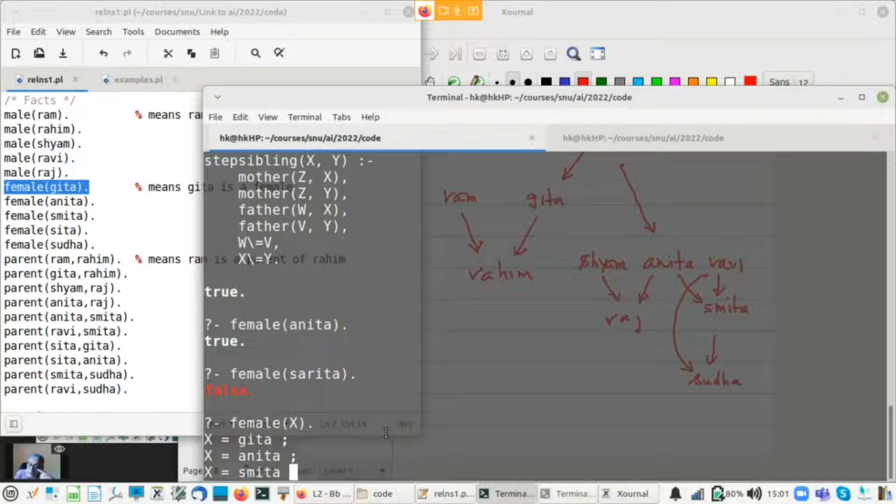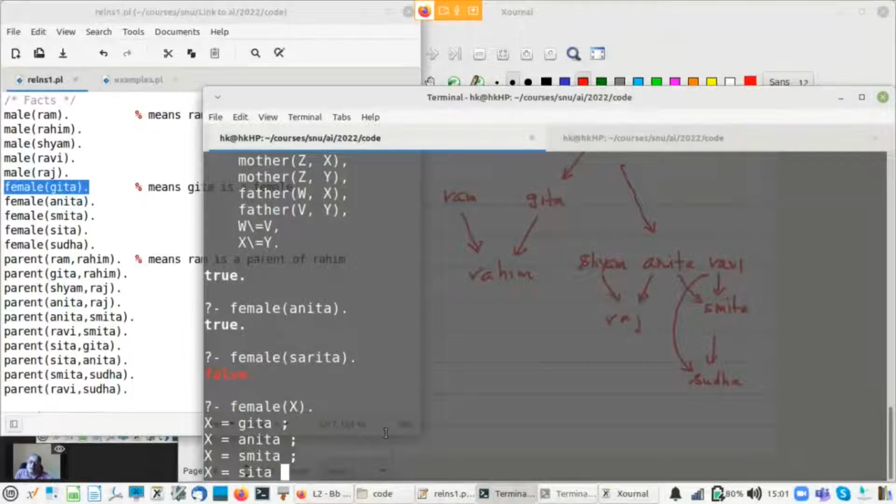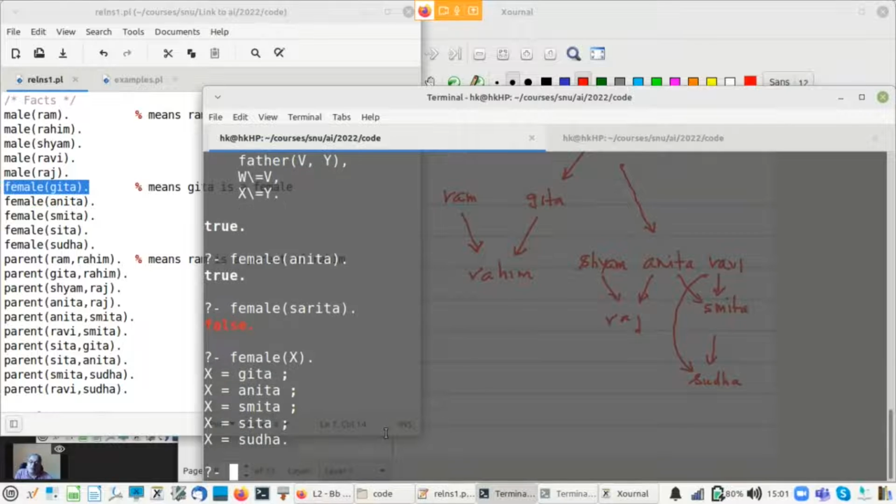It can be instantiated in multiple ways to make it true, and essentially all the facts where we have said female somebody will make it true. Apart from Smita, Sita is there, and then Sudha is also there. Then notice that it stops because it has given me all the possible answers.